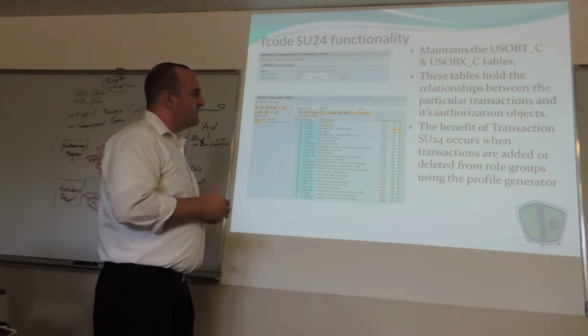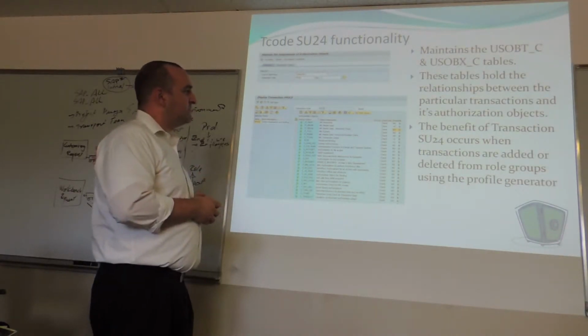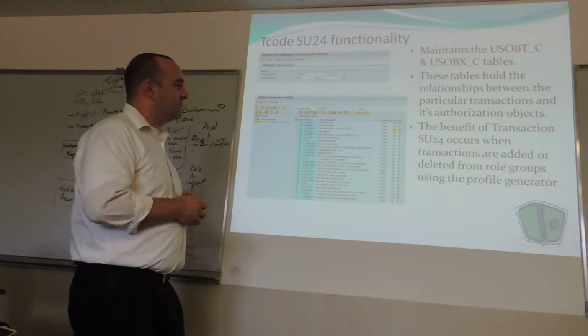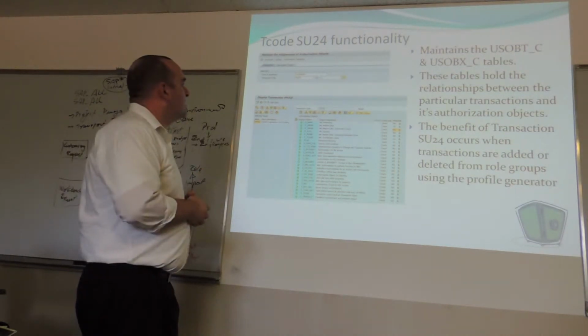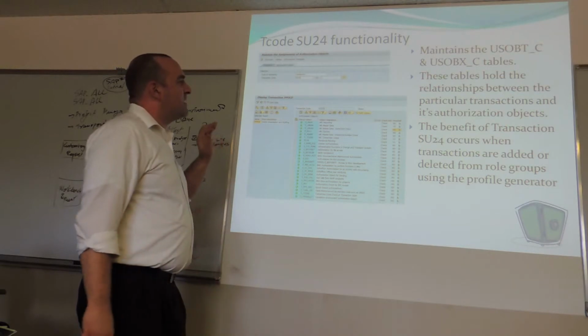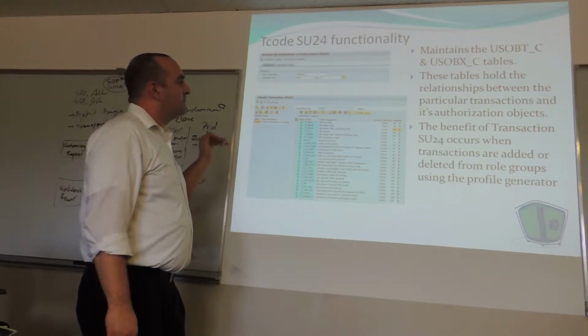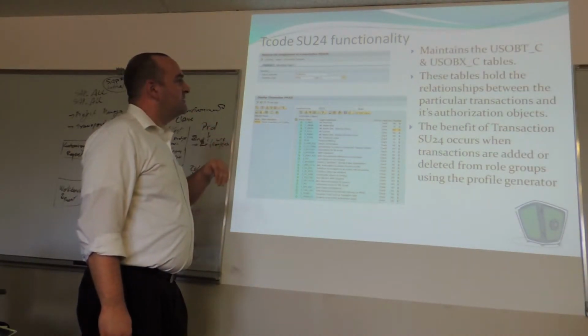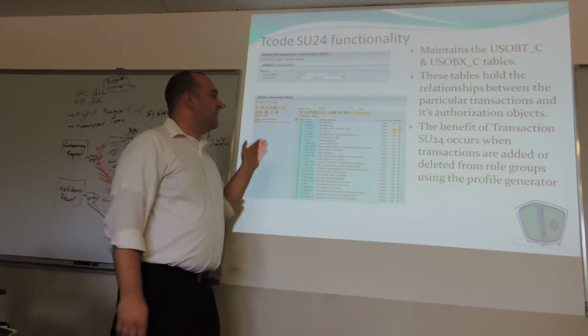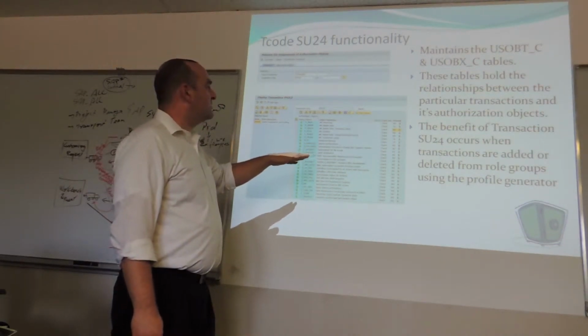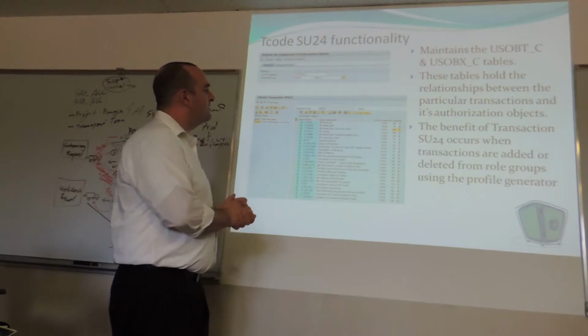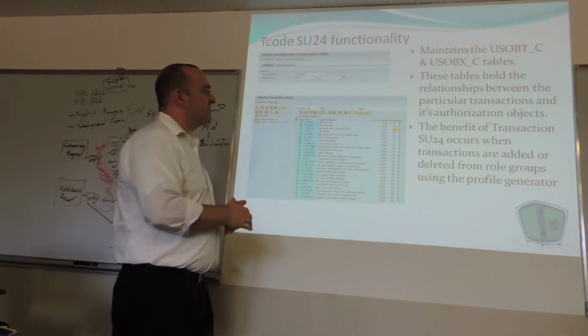Now the benefit of this transaction occurs when transactions are added or deleted from role groups using the profile generator. And basically, any other authorization object that you need to add to your authorization table needs to be checked in this table, so to speak, so you can actually add it.